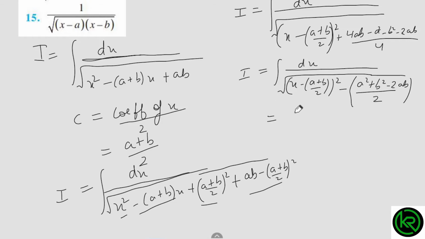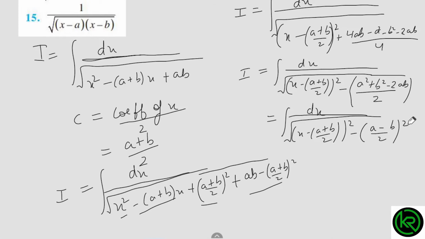Okay, so we are getting dx upon under root (x minus (a plus b)/2) whole square minus ((a minus b)/2) whole square, students.